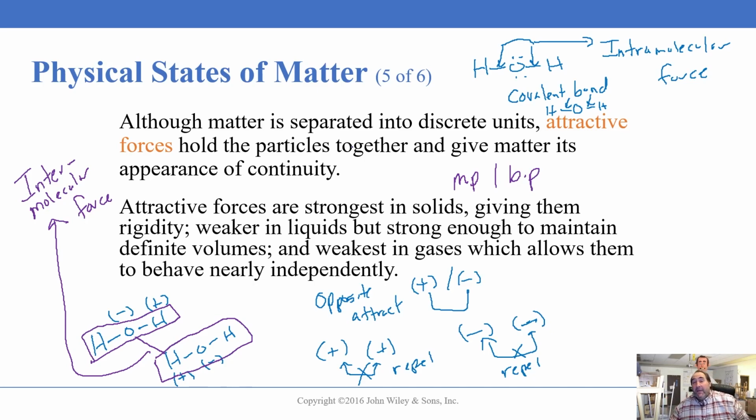If you continue on and take something like organic chemistry, a lot of organic molecules are held together by very weak intermolecular forces, which is why a lot of organic molecules are said to be volatile, which means although they may be a liquid to begin with, they very easily can go into the gas phase.